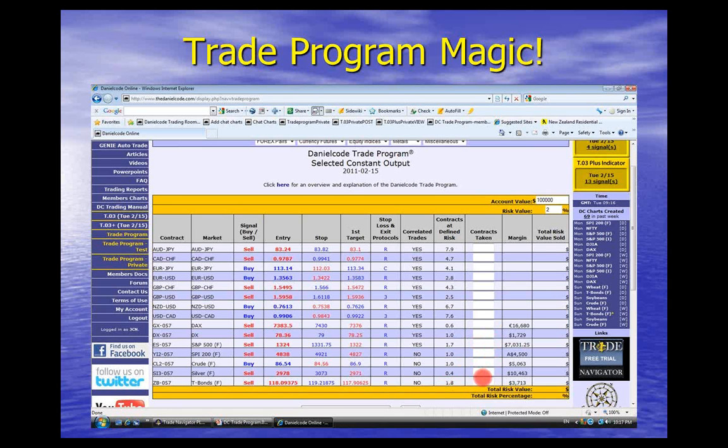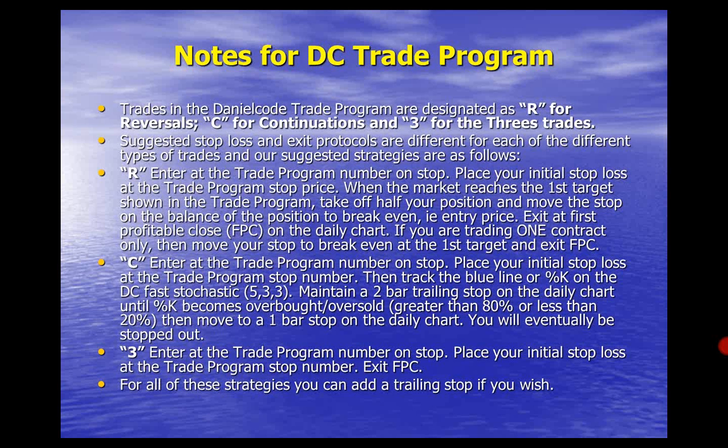Some of you just trade particular markets, a lot of you just S&Ps and gold, maybe oil, maybe bonds. So you type into the box the number of contracts you want to take, and you press the recalculate button, and it will recalculate and let you know how many contracts you can take without breaching your risk parameters.